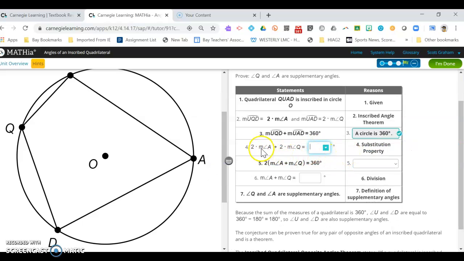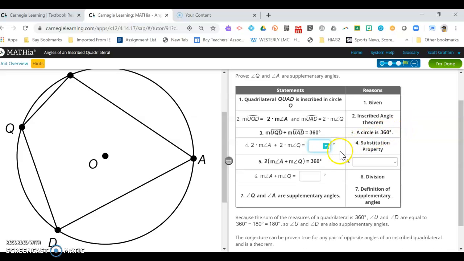We said the measure of arc UQD is 2 times the measure of angle A, and the measure of arc UAD is 2 times the measure of angle Q. So we replaced this with this, and this with this.